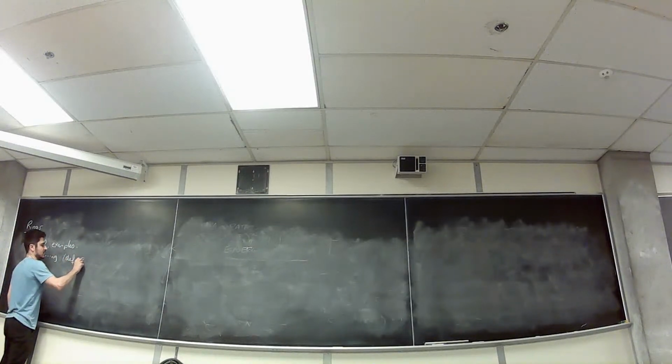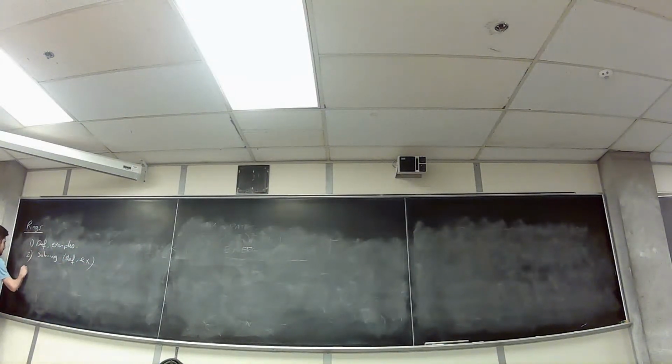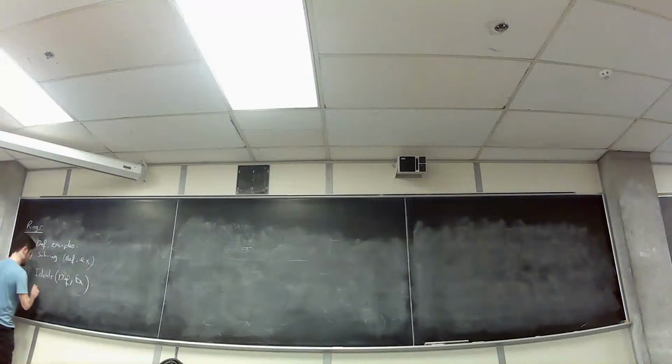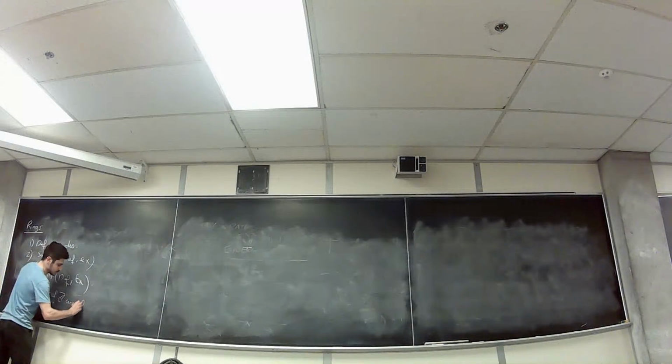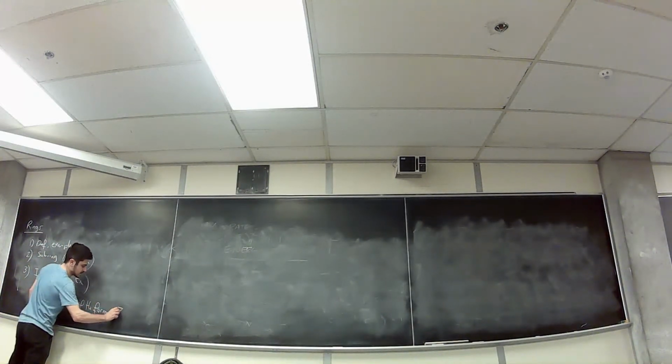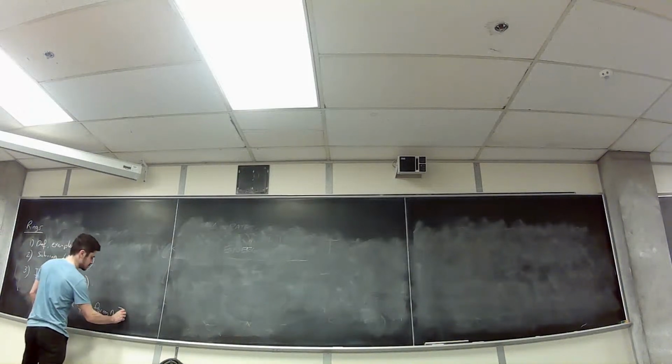Definition and examples. Ideals. Definition and example. A very important theorem: the ideals of Z are nZ for some n.